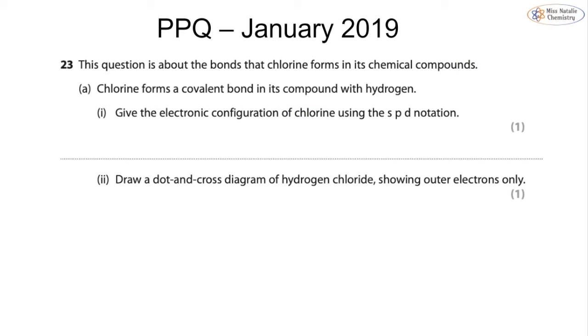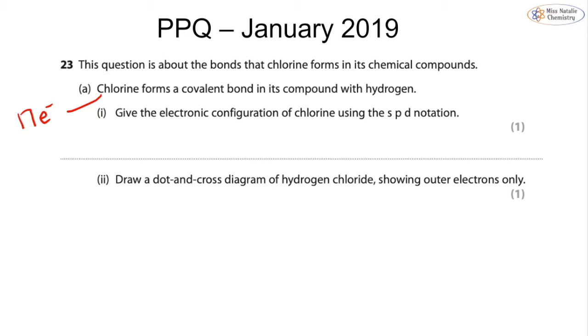We then want to think about chlorine and the bonds that it forms in its chemical compound, and it can form a covalent bond with hydrogen. So the first question asks us to give the electronic configuration of chlorine using our SPD notation. So the atomic number of chlorine is 17, so it contains 17 electrons.